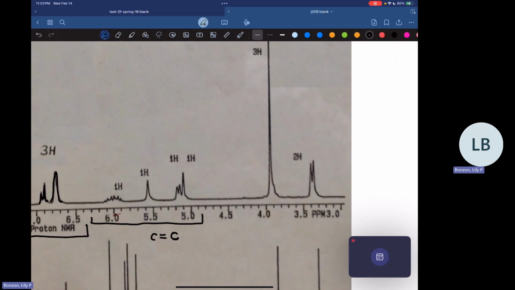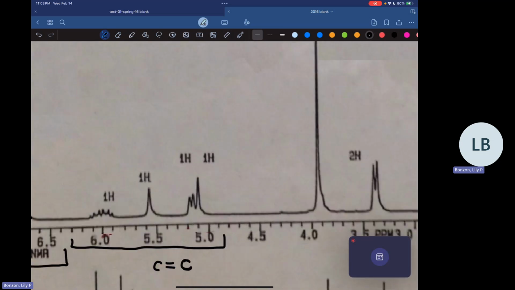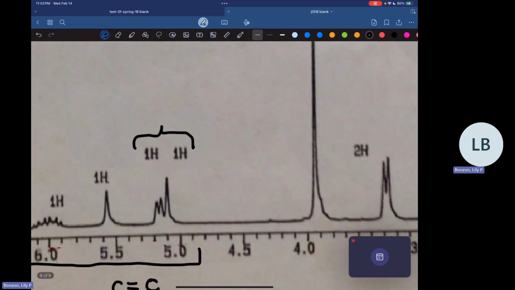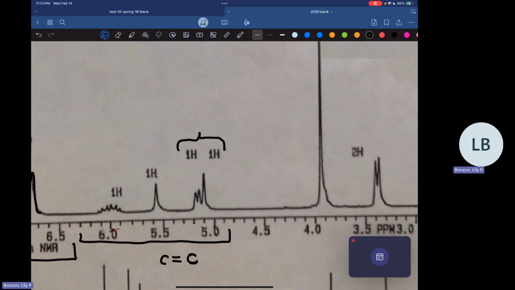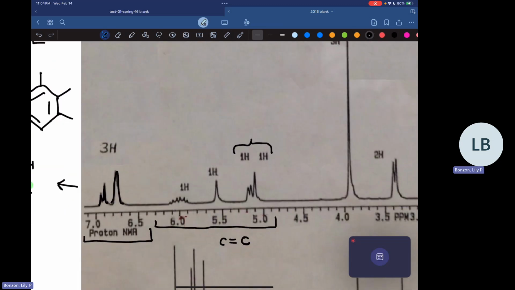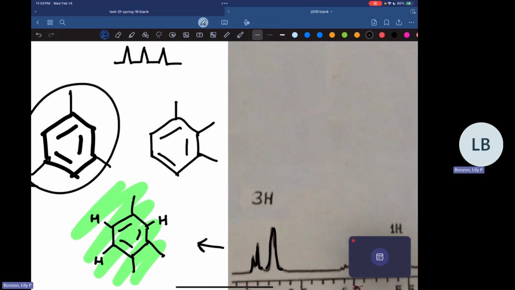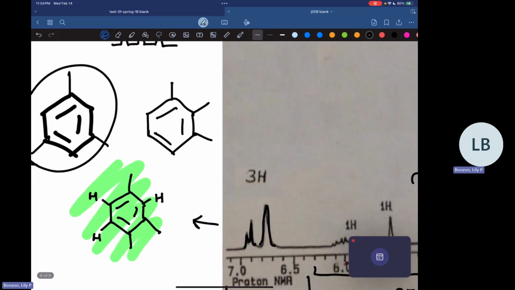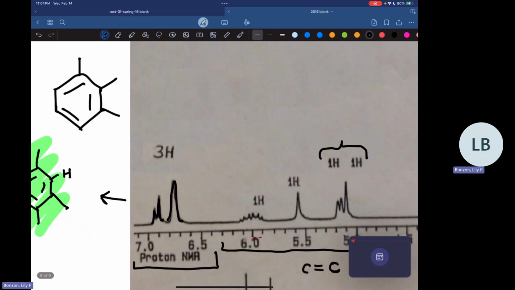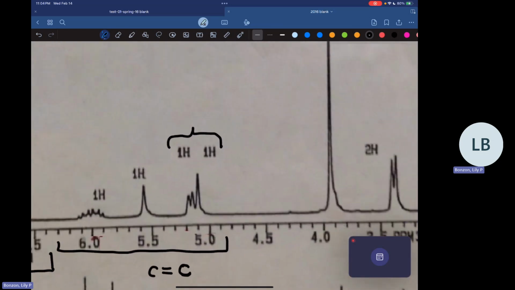But for now, let's look at these 2 peaks right here. We have 2 hydrogens here that are pretty close together. And kind of like the benzene, where these peaks are very close, they're even closer over here. This is going to indicate that these hydrogens are very close together and potentially on the same double bond.